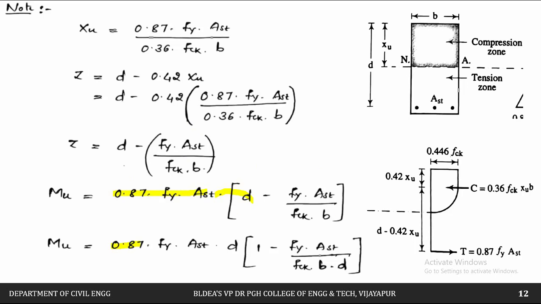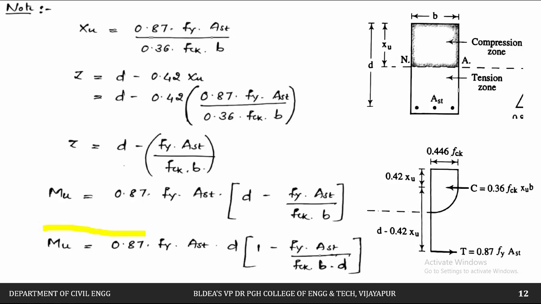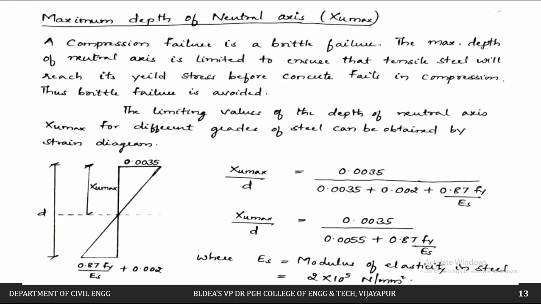So this will remain the same, 0.87 fy Ast, d if you bring it outside, then d divided by d will be 1. Then next is fy into Ast divided by fck multiplied by B into d. This you will get. So this is the value with the help of which you can calculate the moment of resistance of a section.